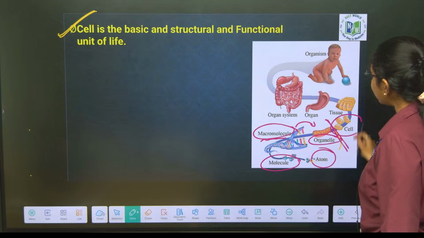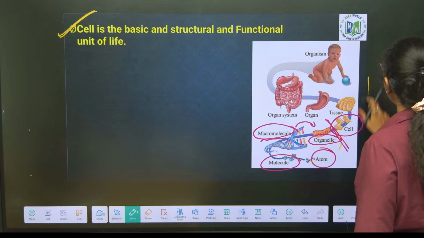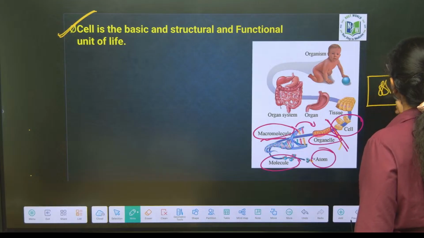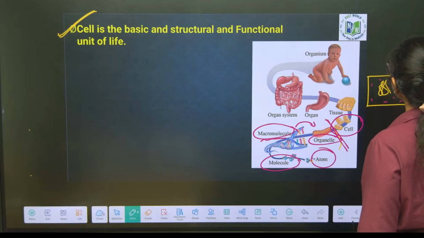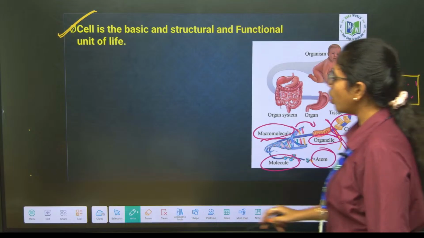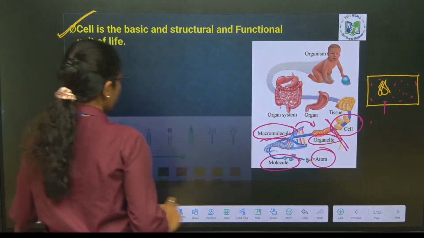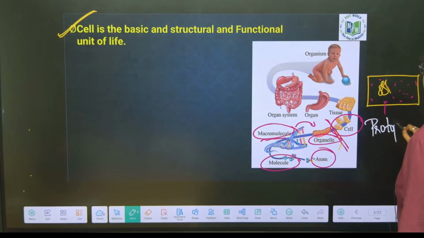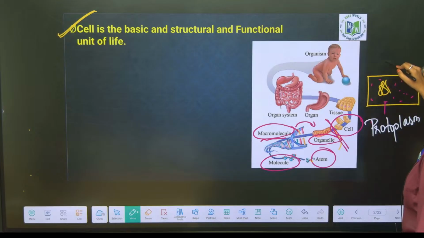But a single cell includes what? A cell membrane and a nucleus with cytoplasm. Nucleus with the cytoplasm is called what? Protoplasm. Nucleus with the cytoplasm is called protoplasm, and protoplasm along with the membrane is called what? Protoplast.